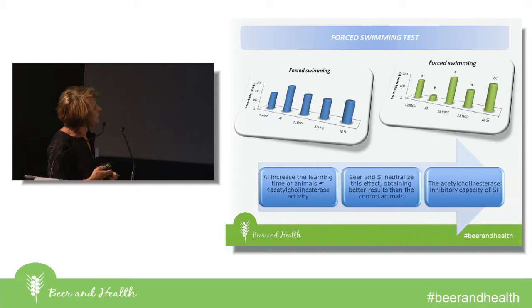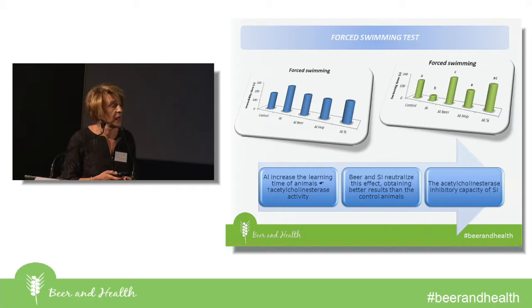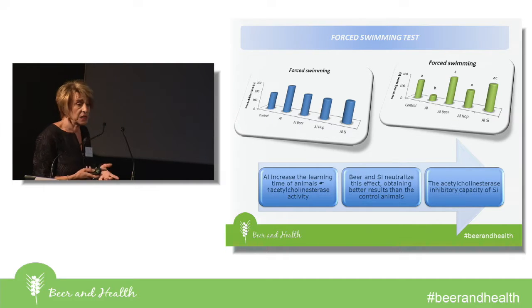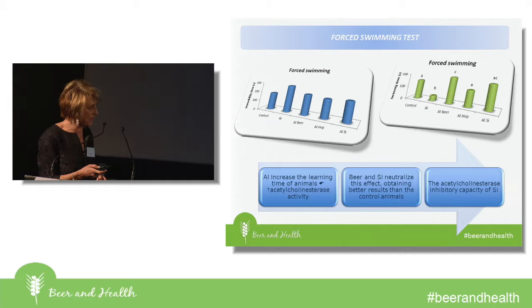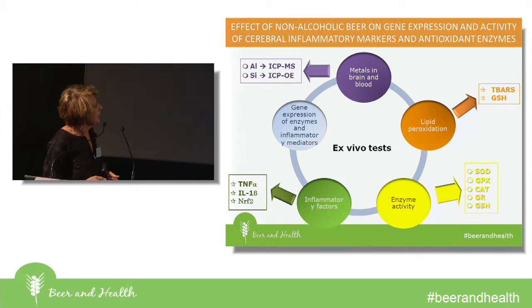Regarding the forced swimming test, the same results were obtained. Aluminum increased learning time of the animals due to its effect on acetylcholinesterase activity, and beer and silicone seem to neutralize this effect. As I said, the results were better even than in the control groups. This is basically due to the capacity of silicone to increase the acetylcholinesterase capacity.